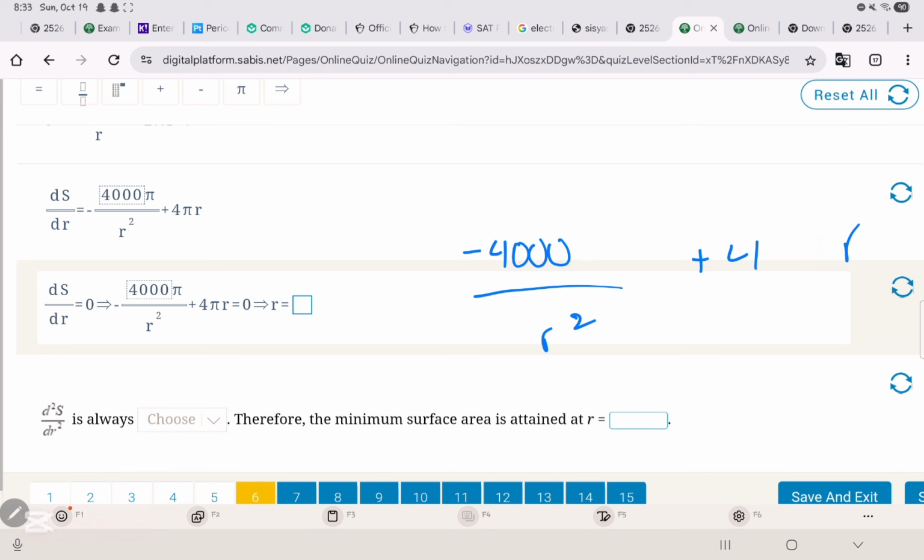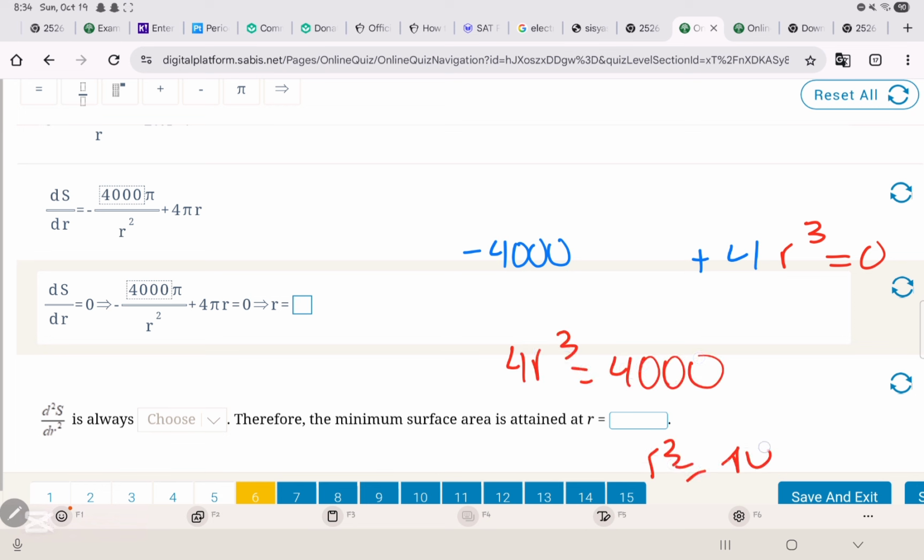Now, we don't like to see r in the denominator, so we will multiply everything by r squared. So it's going to be minus 4000 plus 4r cubed, right? So now you're going to make this equal to 0. It's going to be 4r cubed equal 4000, r cubed equal 1000. That means r is equal to 10.